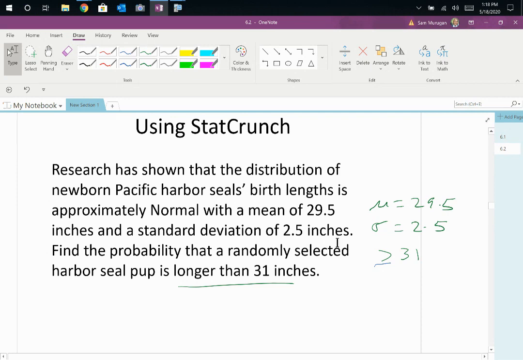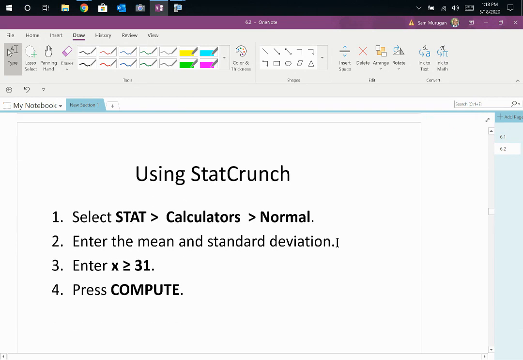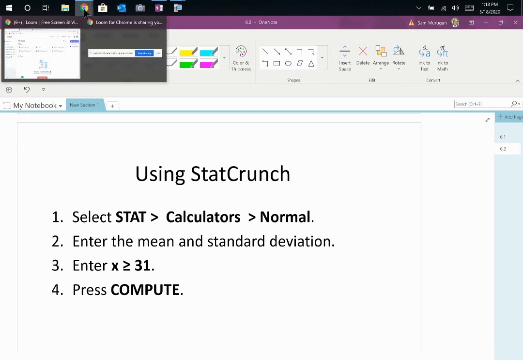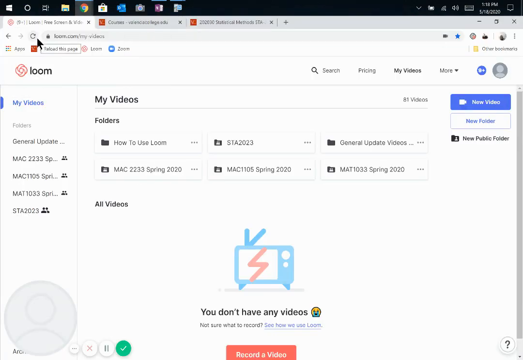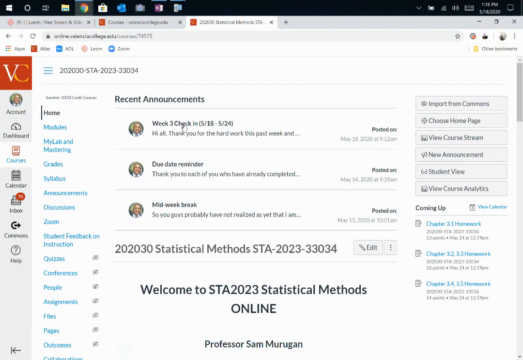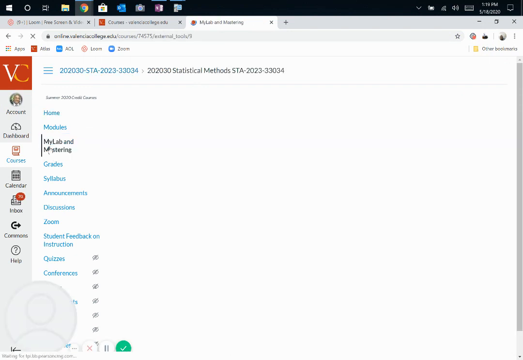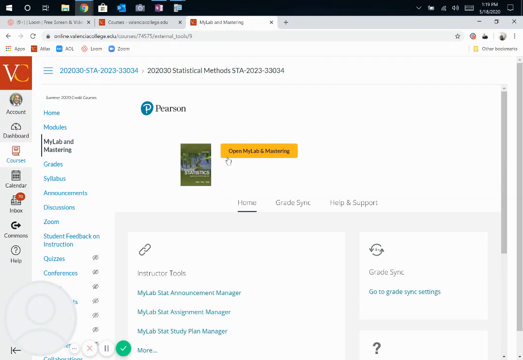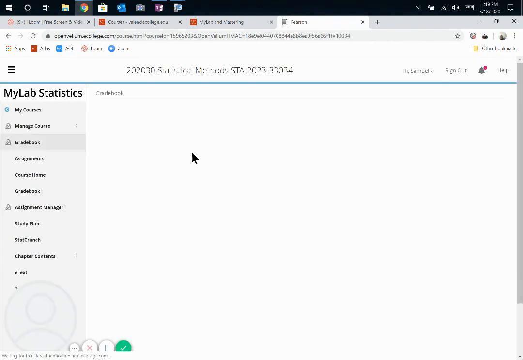To do this with StatCrunch, you want to access your course, press the MyLab and Mastering button, open MyLab and Mastering, and select the StatCrunch program on the side.